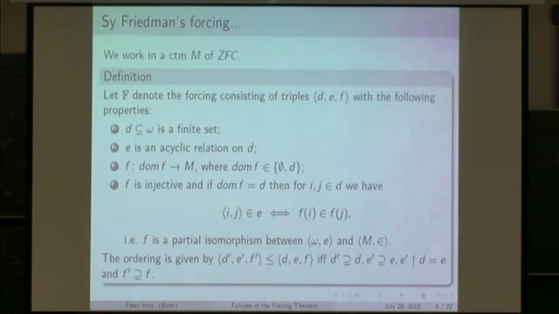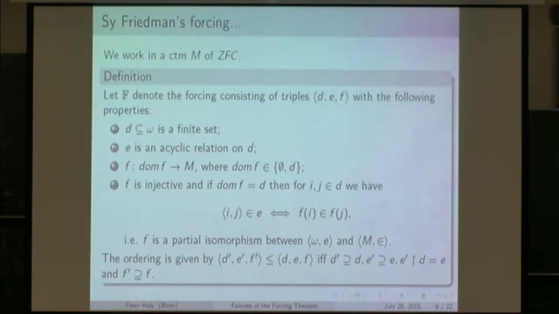Conditions in the forcing are triples of the form (D, E, F) with the following properties. D stands for domain; the domain is a subset of omega, it's supposed to be a finite set. Then we have an acyclic relation E on D, and we have a function f which goes from its domain to the ground model M, and the domain, for a technical reason, is supposed to be either empty or the actual domain D.